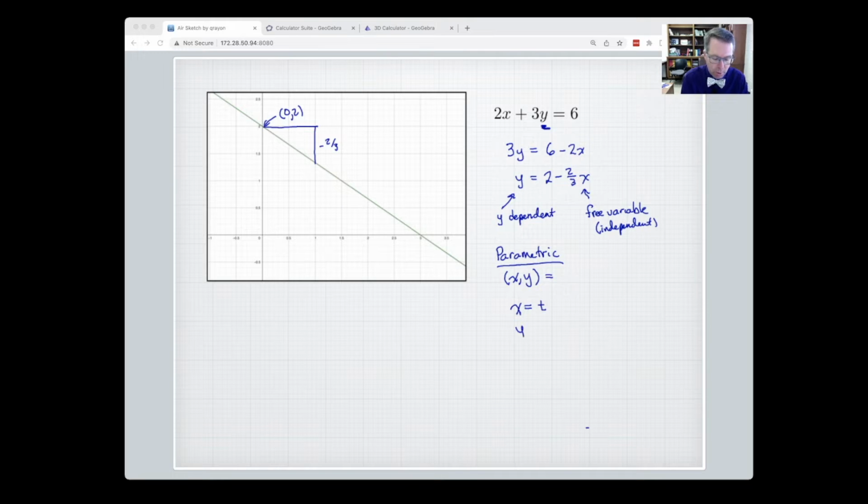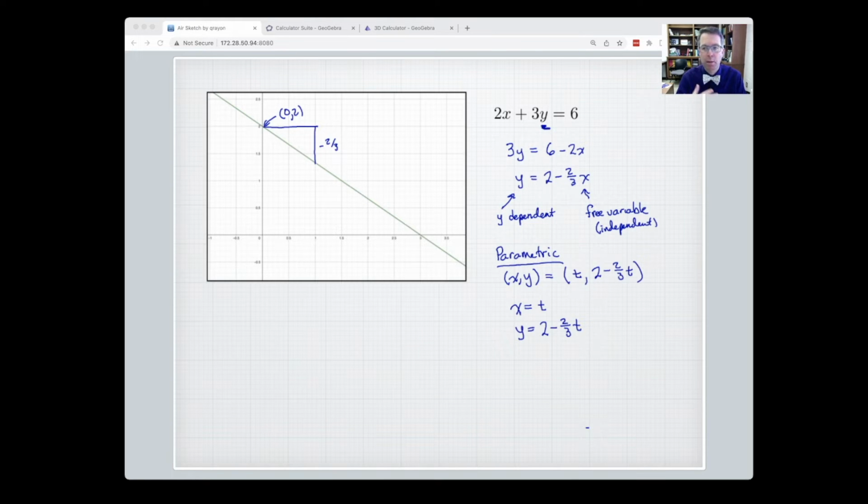T is just a typical choice because of the use of time. Once we know that the value of x is some parameter t, I replace the x in my equation with my parameter, and I get a formula where y is also a function of t, so that I can write my parametric curve as the coordinate (t, 2 minus 2/3 t).